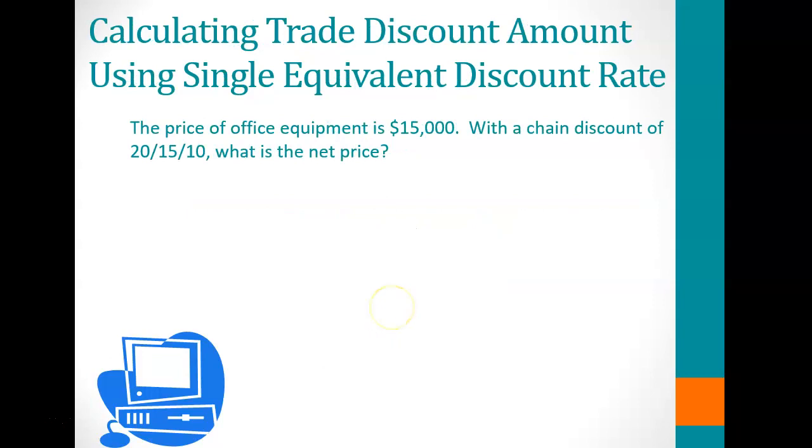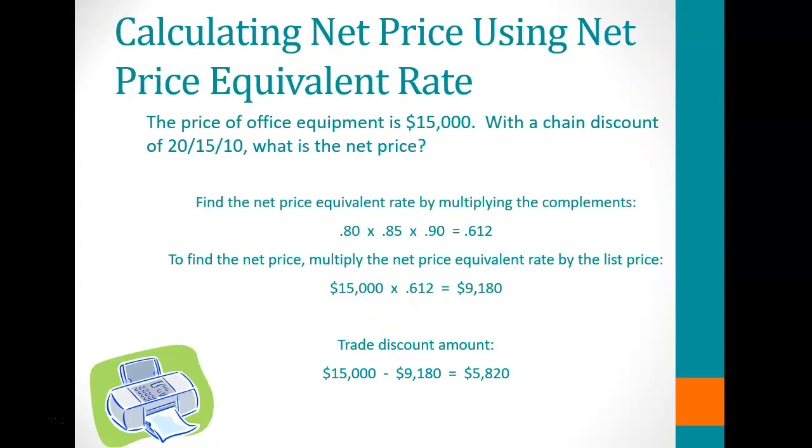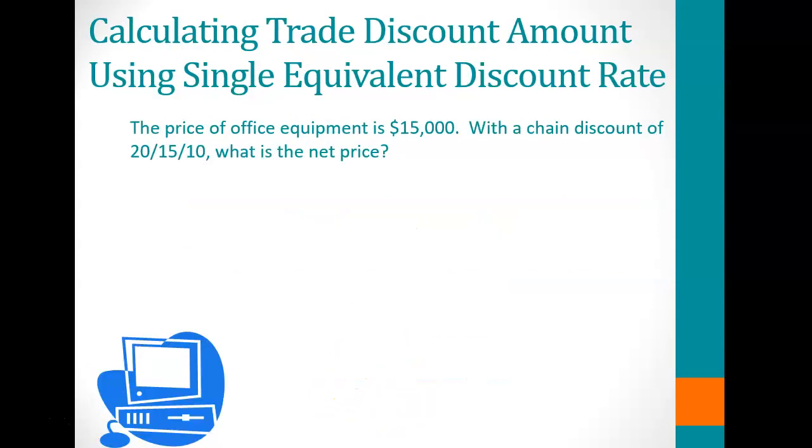Or, you can go back and do the trade discount. To get the trade discount, if the complement is 0.612, the trade discount is 0.388. Take that times 15,000 to get our trade discount, or subtract the net price from the list price to get the amount of the discount as well. Having fun yet? Good.